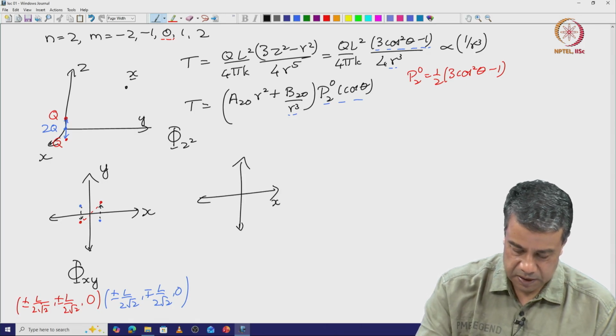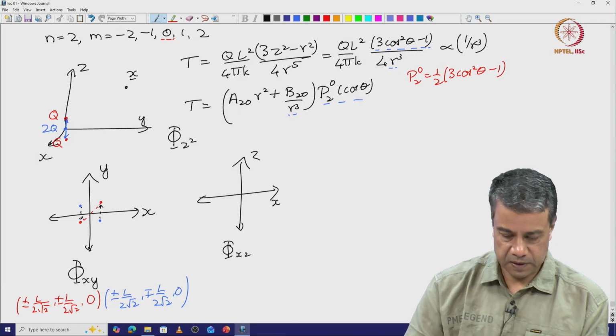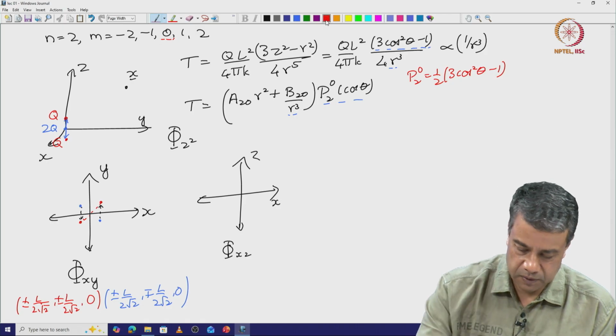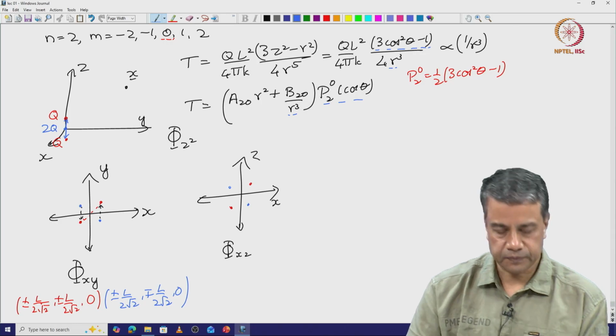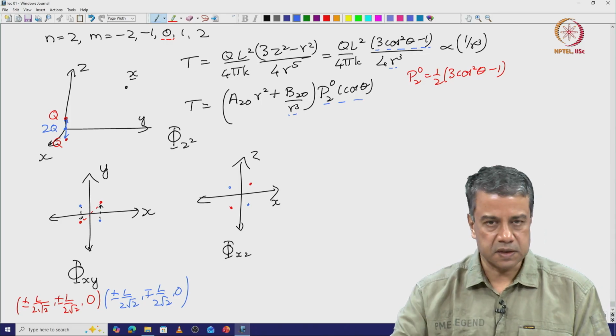xz goes by the name phi xz. In the xz plane you have 2 sources and 2 sinks. This is the second one.